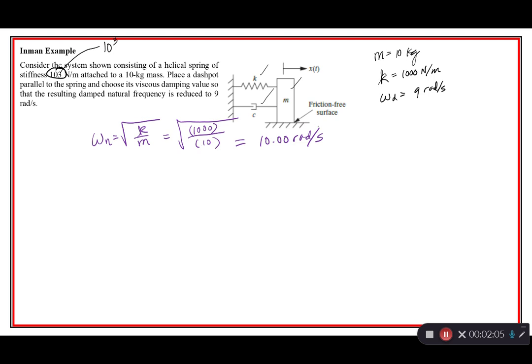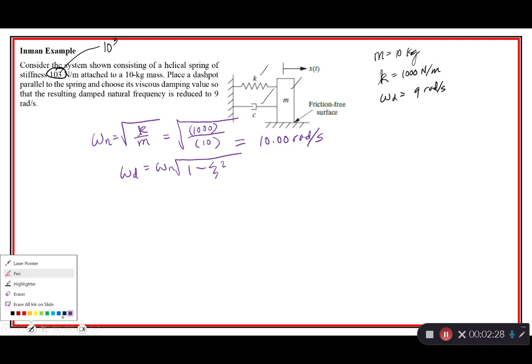All right. Then we also take this equation here for the damped frequency, omega d equals omega n times the square root of 1 minus squiggle squared. So what we could do is find squiggle from this. A little bit of effort. Let's go in steps, because it is math, right?